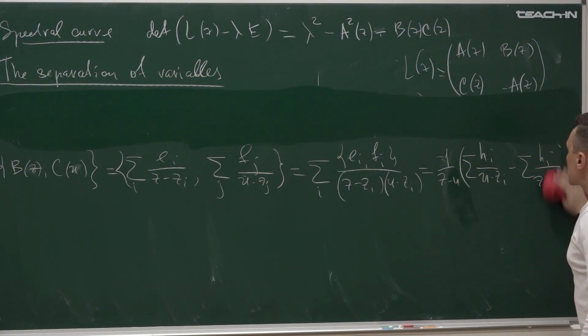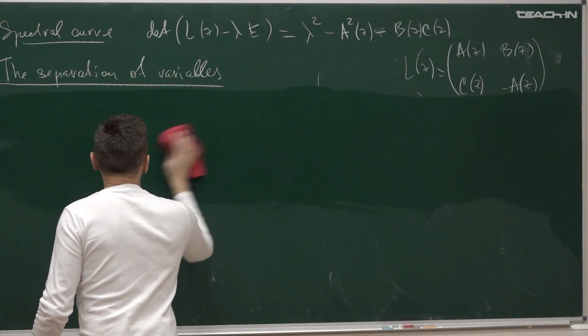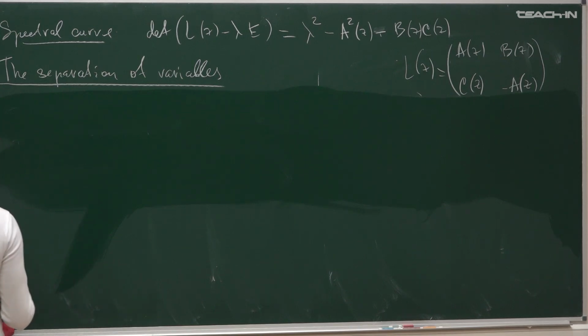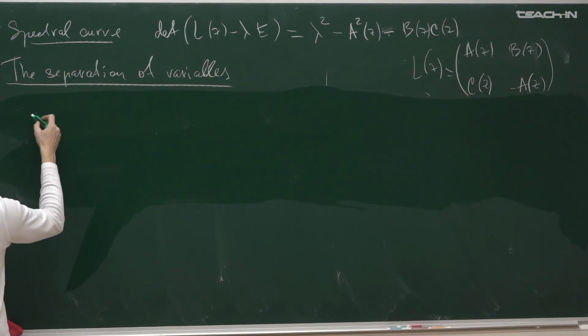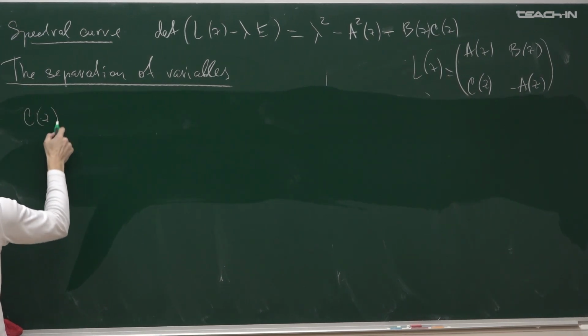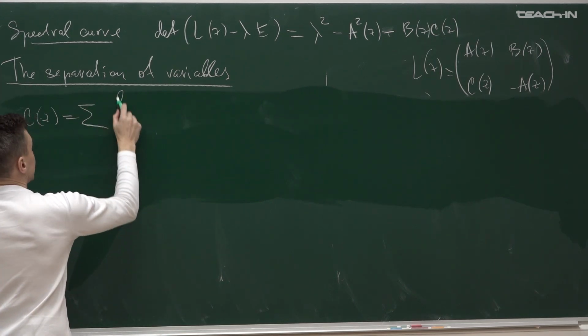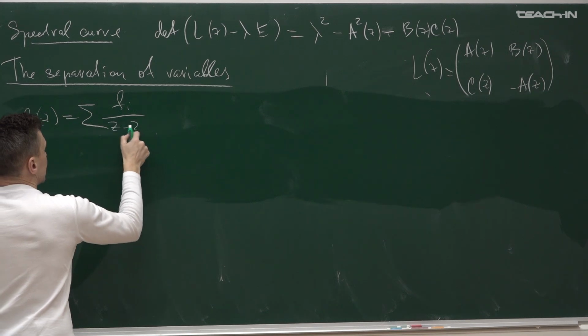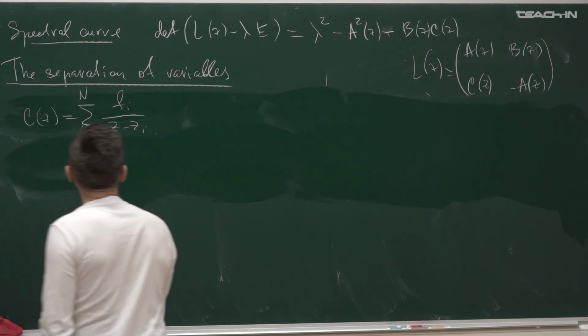Now I will introduce new variables on the phase space of our system. The function c of z is the sum of f_i over (z minus z_i), from 1 to n.